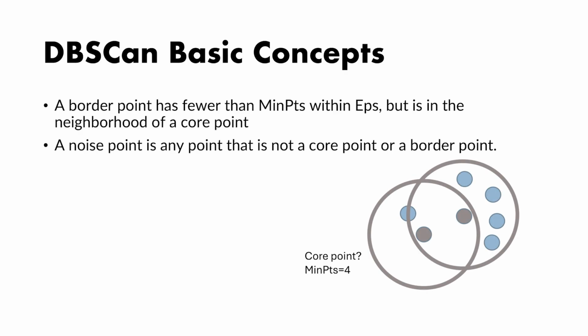The other two types of points, the border point and the noise point, have to do with the proximity to the core point. So a border point is not a core point, of course, but it's in the neighborhood of a core point, while the noise point also doesn't have a large density, and it's not close to a core point or to a border point.